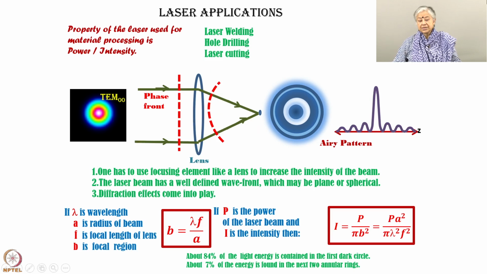So, you need all these optical elements too, which are attached to the laser to get your final application done. Okay. Now, I want to just speak about what are the properties of the lasers that are required in this case. Of course, the power and the intensity is the main thing.